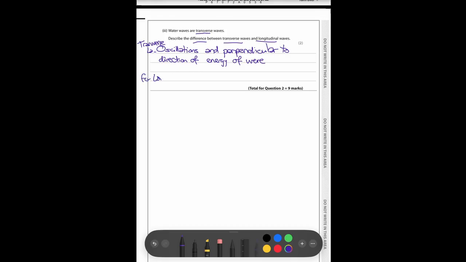So for longitudinal, the oscillations are parallel, and I know that the keyword for this one is going to be parallel, and I'm going to say the same thing, and I'm making sure I'm saying to the direction of the energy of the wave. Just to play it safe, because sometimes I'll accept direction, sometimes I'll accept energy. I just want to make sure that I'm getting the marks, so I'm just going to say both of them properly.